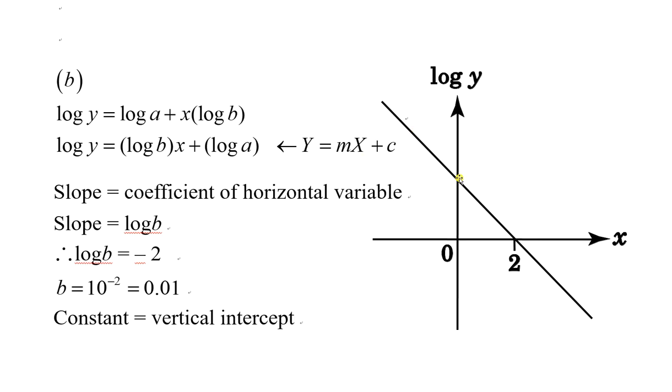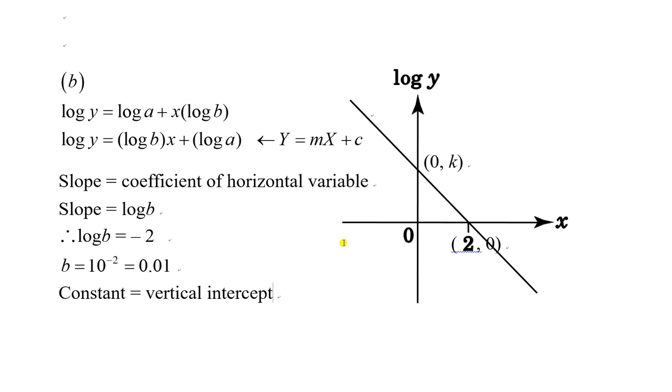But we can let this point be (0, k), an unknown constant k, and this horizontal intercept is 2. We let it be (2, 0). So we can consider the slope again.